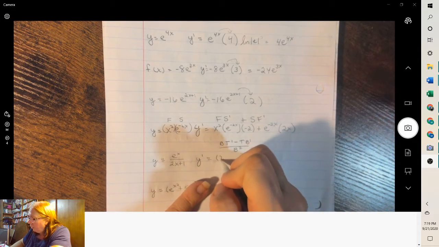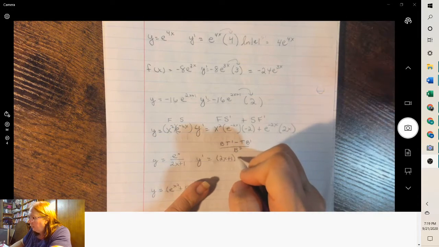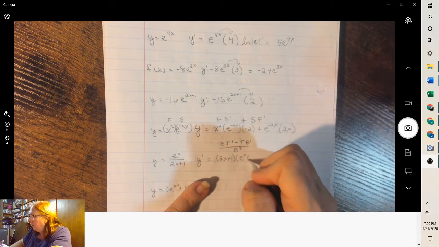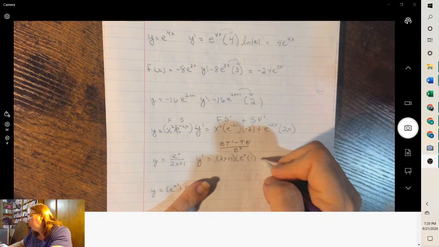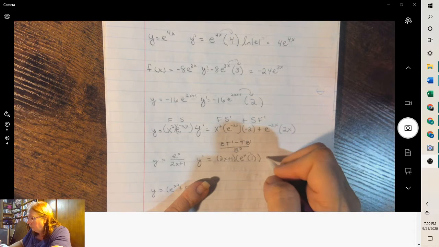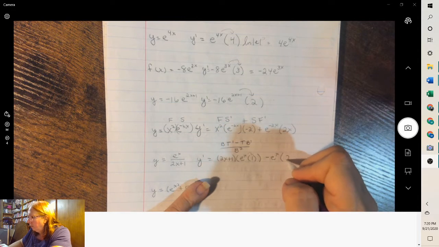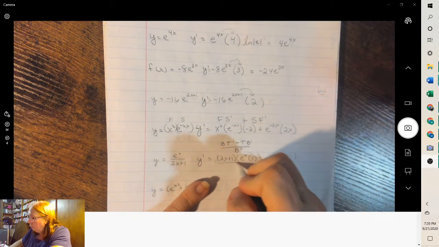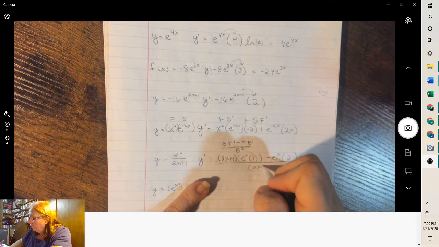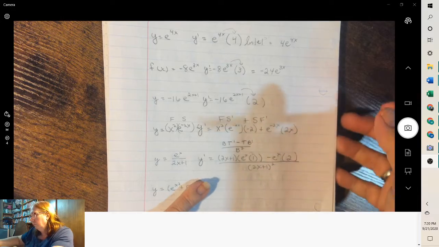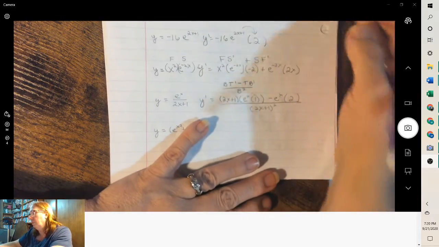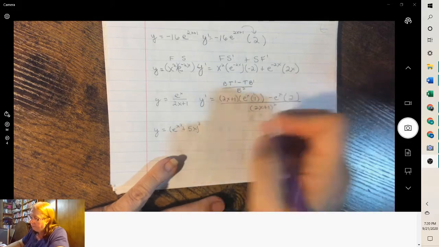So the bottom, 2x plus 1, e to the x is e to the x times the derivative of the exponent, which is 1, times the natural log of e, which is also 1, minus the top times the derivative of the bottom, which is just 2, all over the bottom squared. So that's why you really need to understand the ones before, because now they're combining everything.